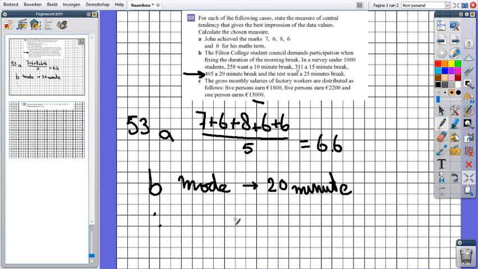And it doesn't give us a nice, consistent view of all, well, in this case, salaries. So in this case, you are going to use the median. And if you're going to use the median, you are going to set the numbers in a row. And if you do that, you will see that the middle number is going to be 2,200 euros.